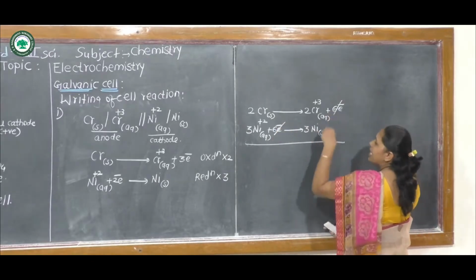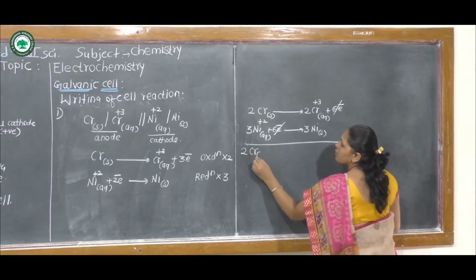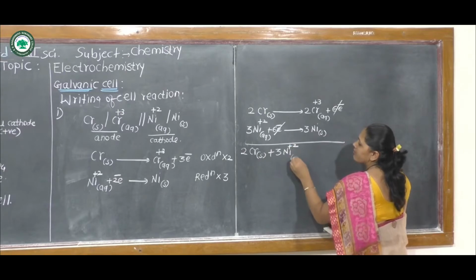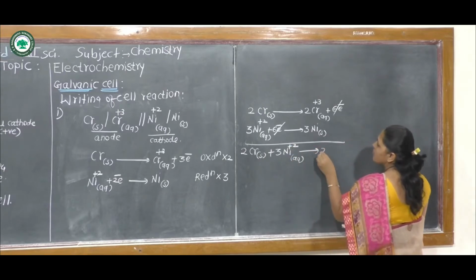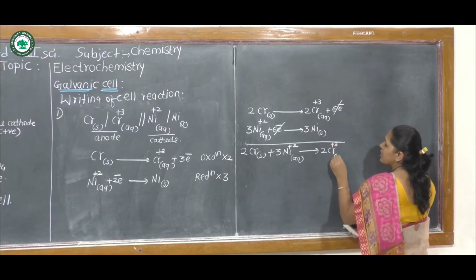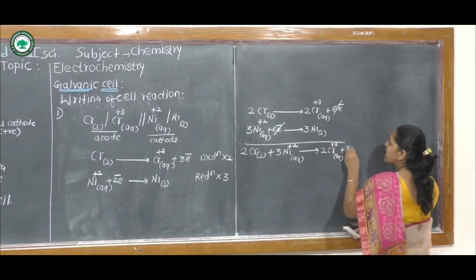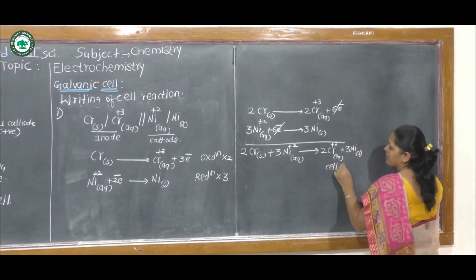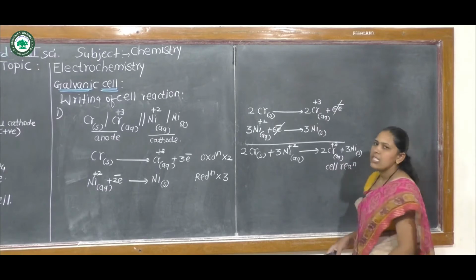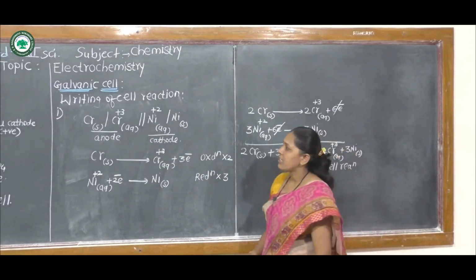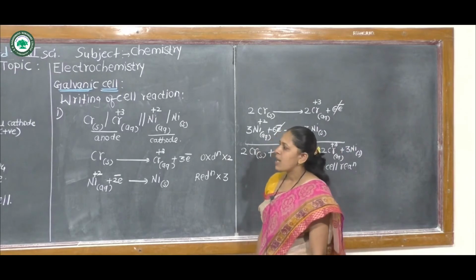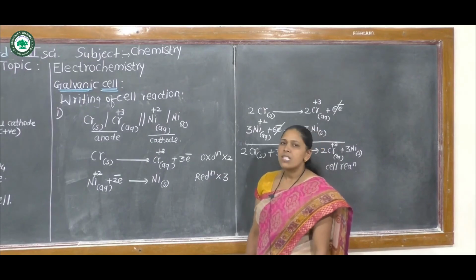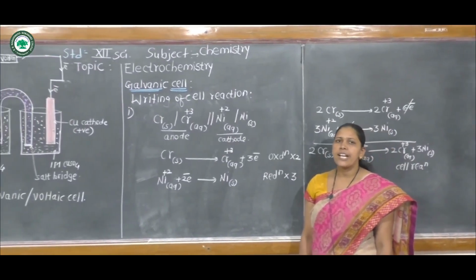Therefore these electrons get cancelled and remaining is 2 chromium plus 3 nickel plus 2 aqueous to form 2 chromium plus 3 aqueous plus 3 nickel solid. This is your cell reaction. In this way, we can write any cell reaction by using these rules. In next lecture, we will see electrode potential and cell potential.